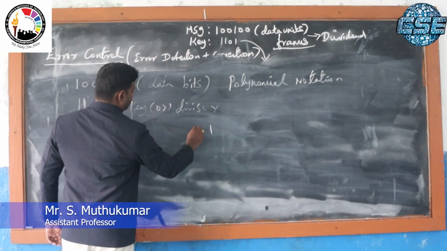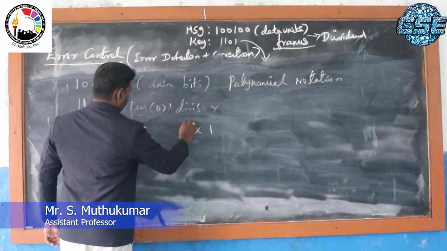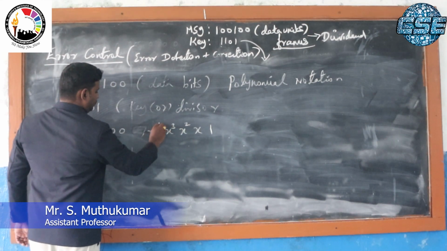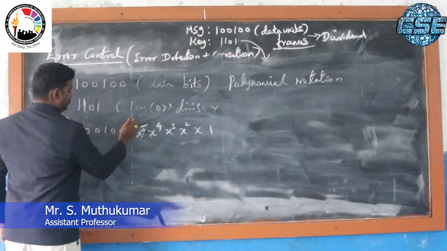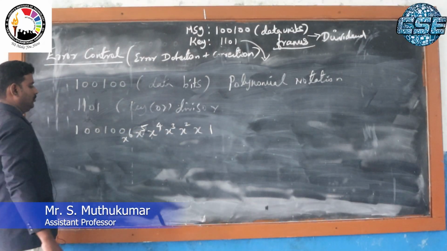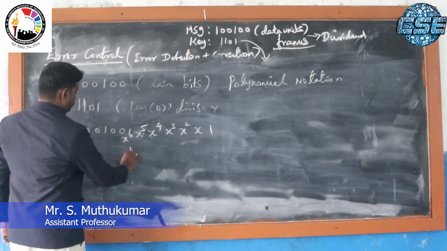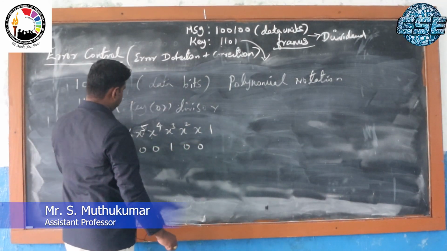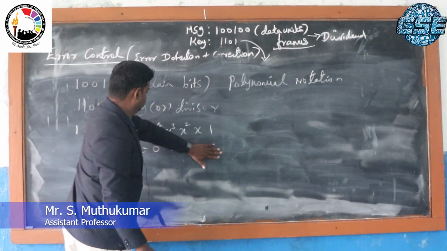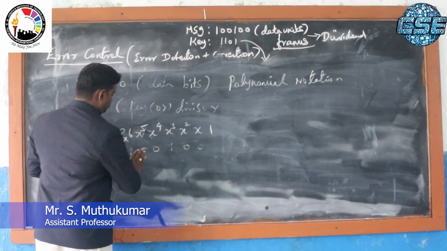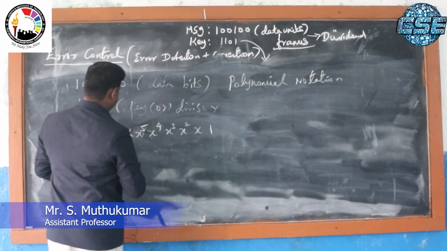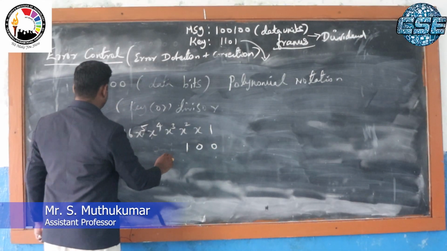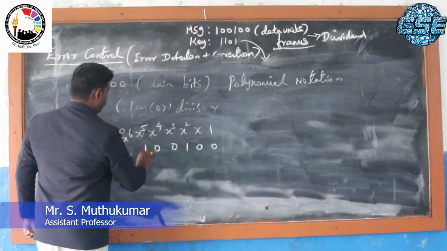So x square, x cube, and apply the values 0 0 1 0 0 1.